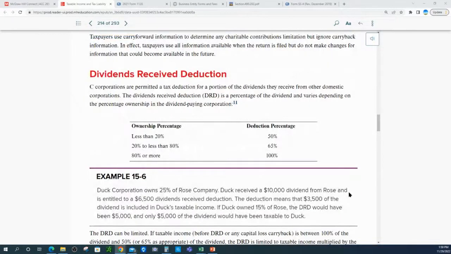Next up, dividends received deduction. Okay, so you guys have heard of the concept of double taxation, where corporations are subject to double taxation. I don't know if you've heard of that before or not, but it has to do with dividends.